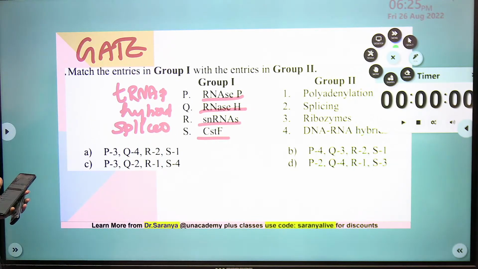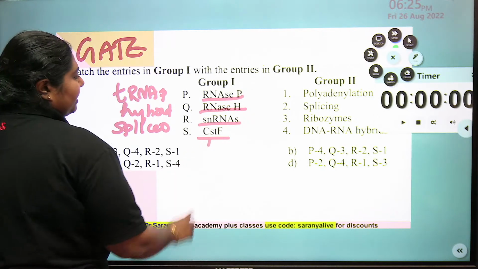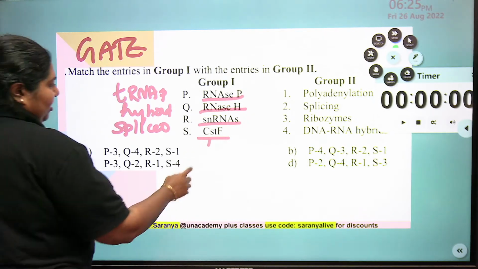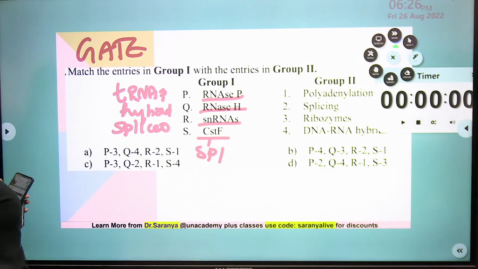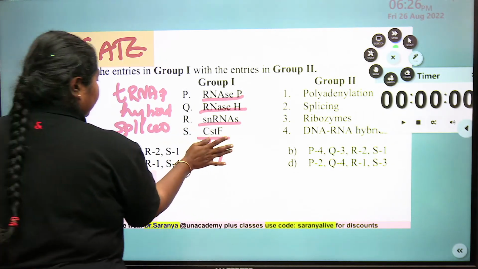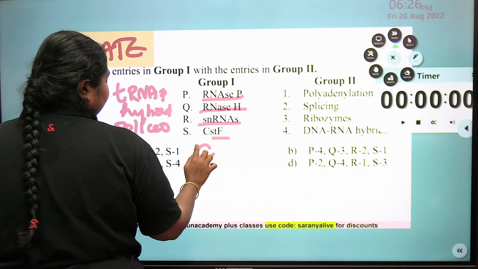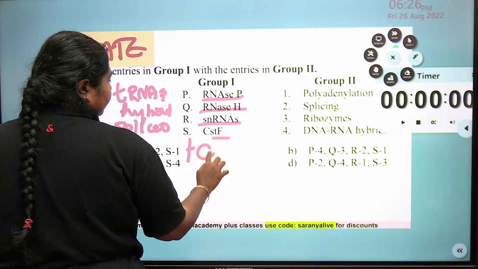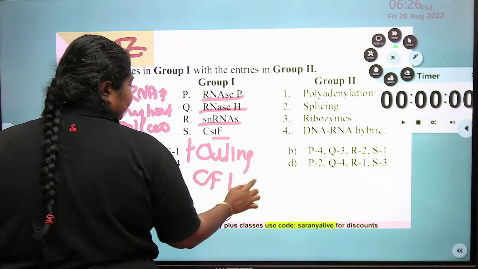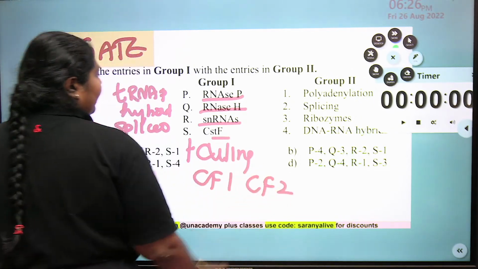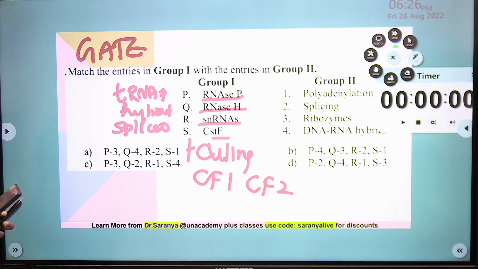Almost I revealed the answer. CSTF, cleavage stimulation factor: obviously that is going to be for your cleavage stimulation. So, this is in your capping and tailing, poly A tailing. Your cleavage stimulation factor, CF1, CF2, and then your cleavage stimulation factor.